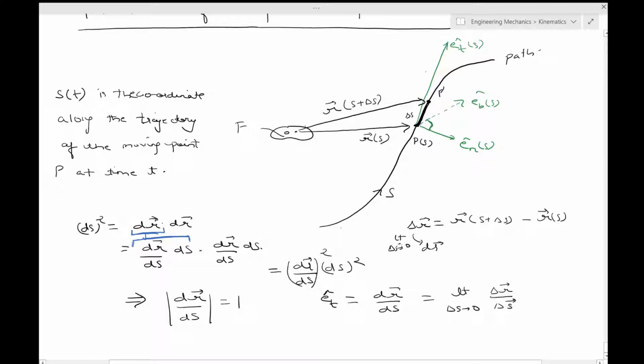So this is defined in this form. The tangential unit vector is in the direction of increasing s. As you can see, as s increases from P to P dash, that's the direction of Et hat.